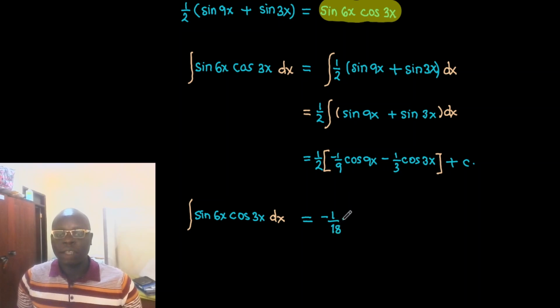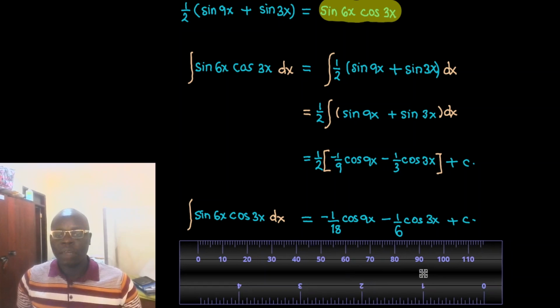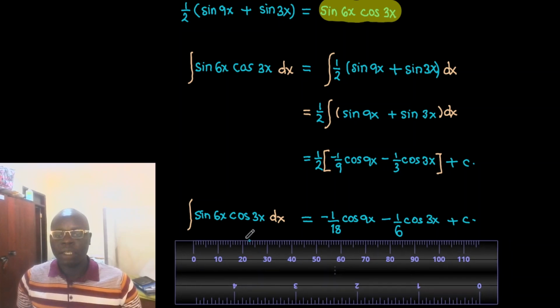So we have 18 here, cosine of 9x, minus 1 times 1, of course, is 1/2 times 3, and that is 6. So we have here cosine of 3x plus the constant of integration. And that is exactly how we integrate this using factor formulae of addition.